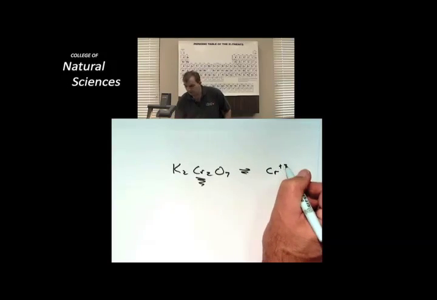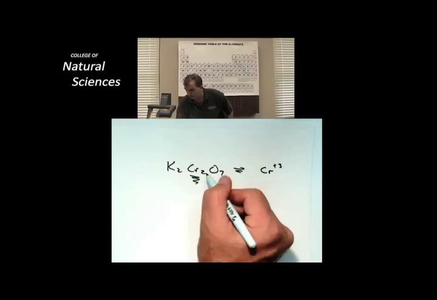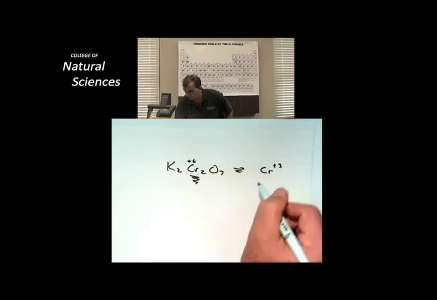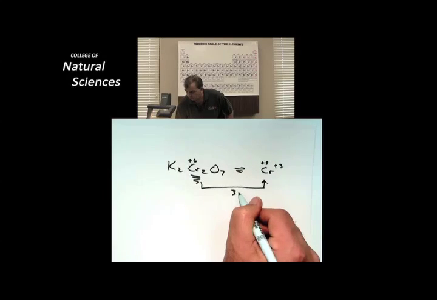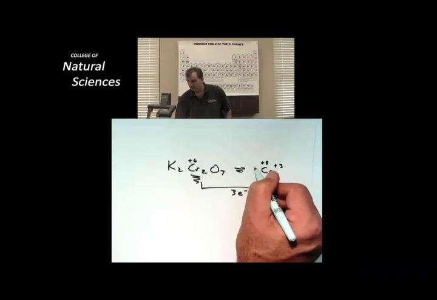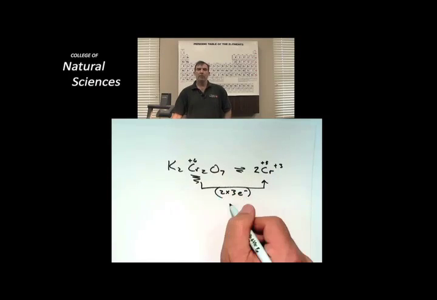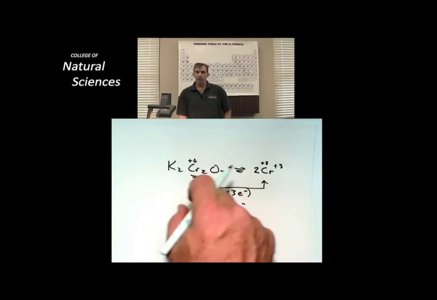So for example, right here, you see that you've got chromium, which is a +6 oxidation number, and that's a +3 there. So while you see that this is a 3-electron process, because there are 2 chromiums, you've got to multiply that times 2 to make a 6-electron process overall, even before you do the half reactions. So that's one trick that you need to be aware of that pops up every once in a while.